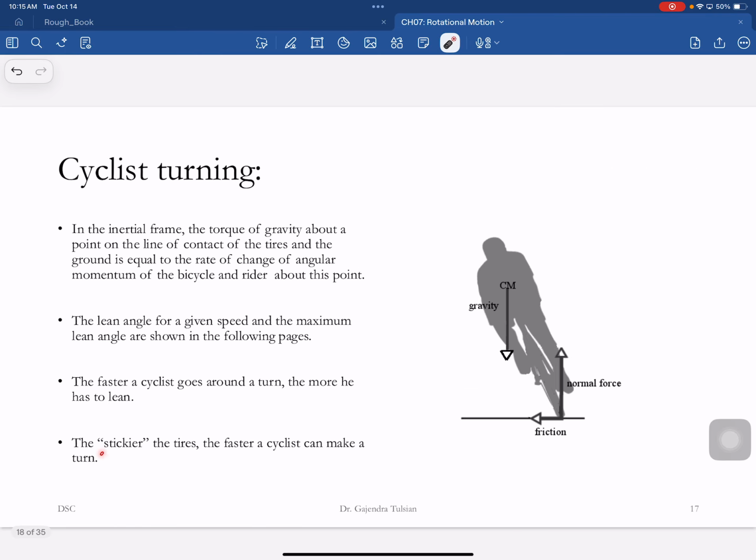The stickier the tires, the faster the cyclist can make a turn. A less sticky tire around the same turn has a smaller maximum speed. The stickier your tire, the greater your maximum speed.